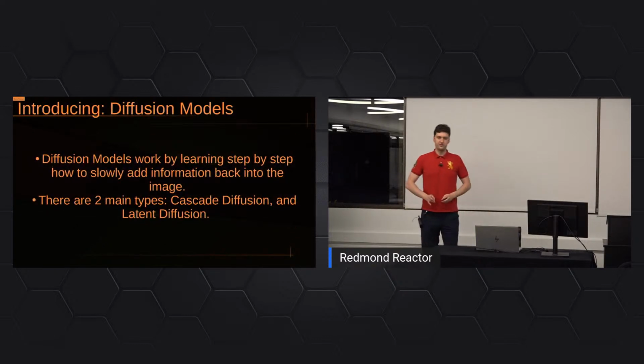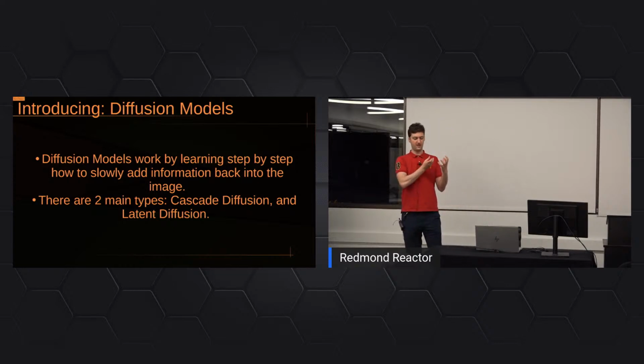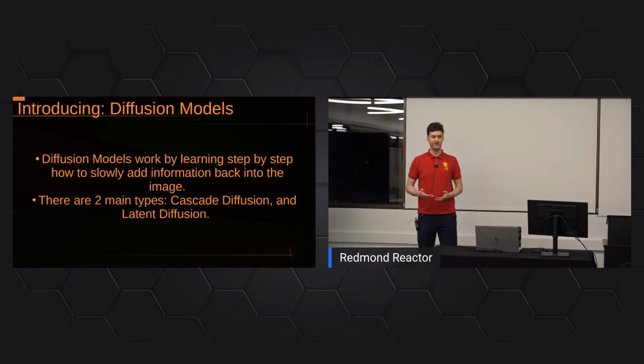So diffusion models work by learning, step by step, to go from a noisier image to a less noisy image, using only the information of the original image and the conditioner, or the language vector, that they are given.